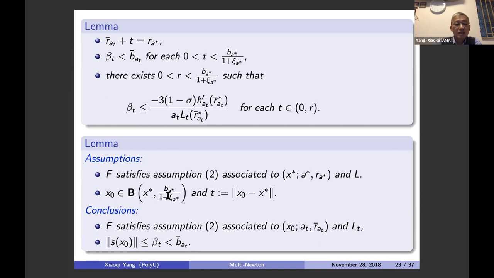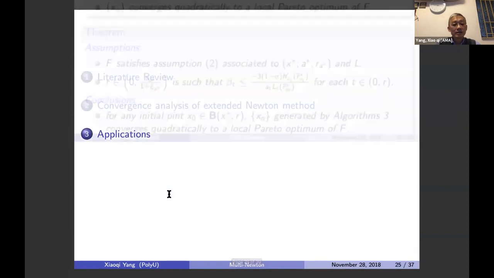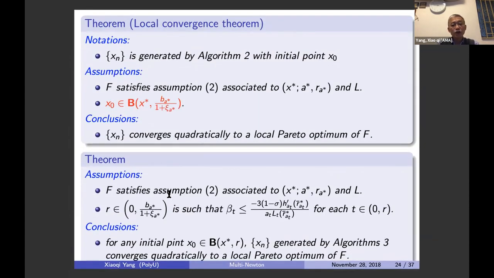In the Fringes 2009 paper, they only had the existence of the radius, but here, using this L function, we can have the exact expression of the radius. This is the local convergence. Of course, we also get the global convergence for the line search.